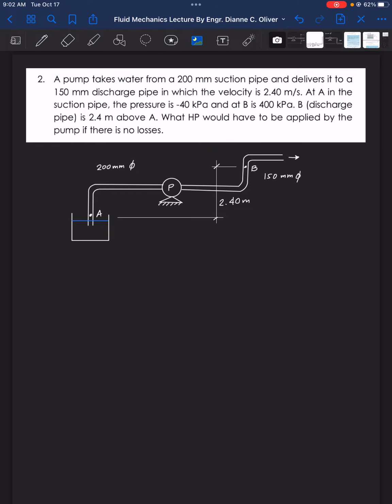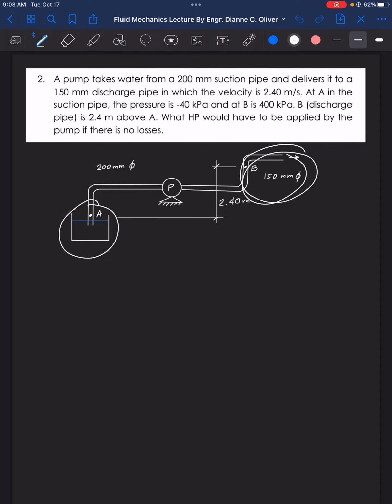So that is the drawing for number 2. This is our suction pipe, this is the pump, and this is our discharge pipe.